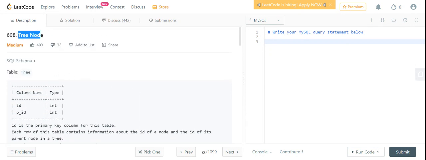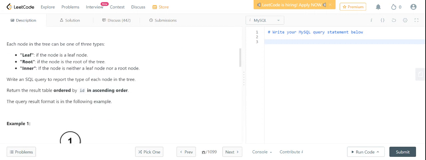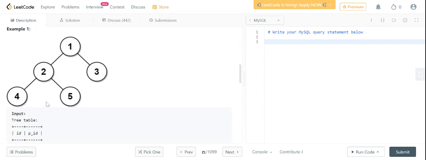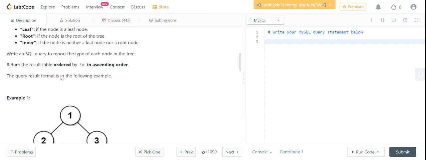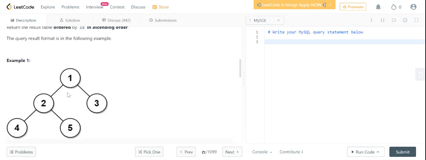If you look at this table, we have a single table which is tree, and we have two columns here. One is id and the second one is parent id. If you look at the structure, we can define any node as the root node, the leaf node, or the inner node. A node can be treated as the root node if it does not have any parent node.